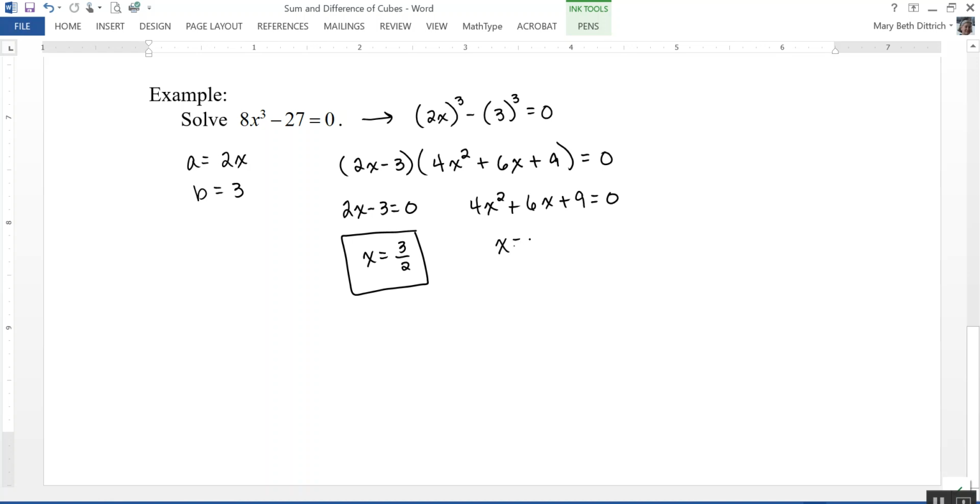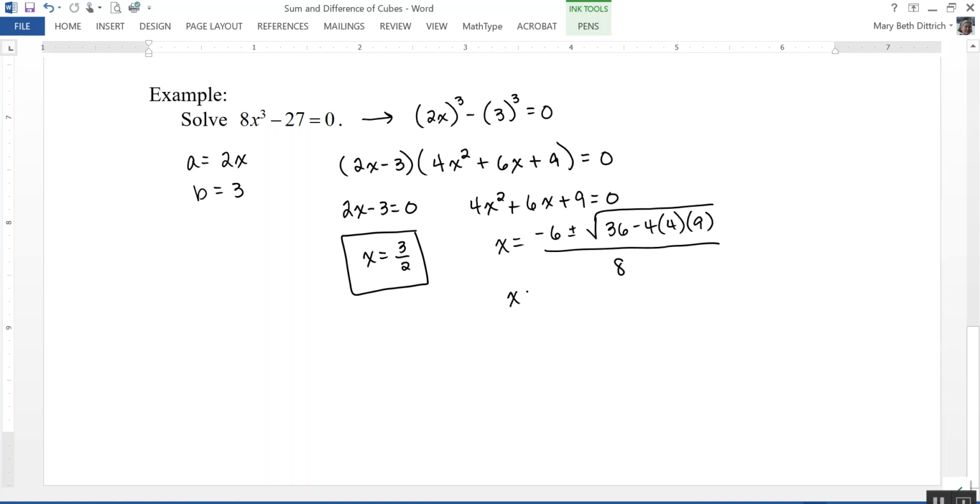So x is equal to the opposite of b plus or minus the square root of b squared minus 4 times a times c, all over 2a.